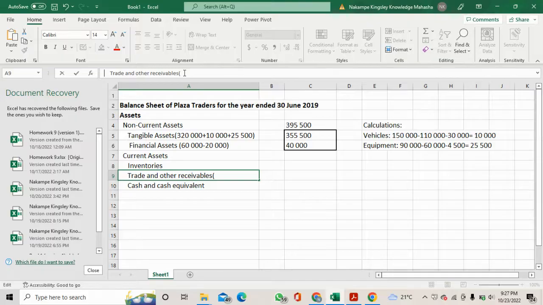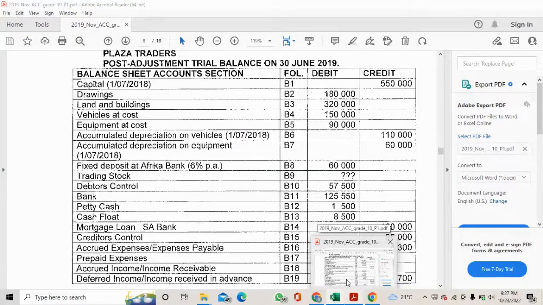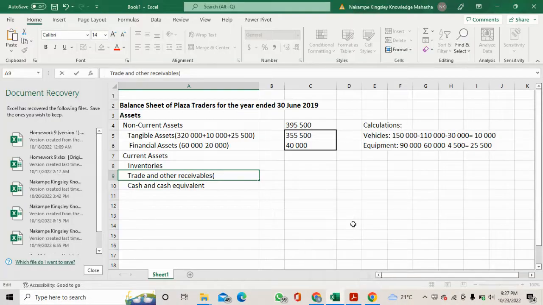So how much was our debtors control? Our debtors control is 57,500, plus 1,250, and then lastly we add 2,500.